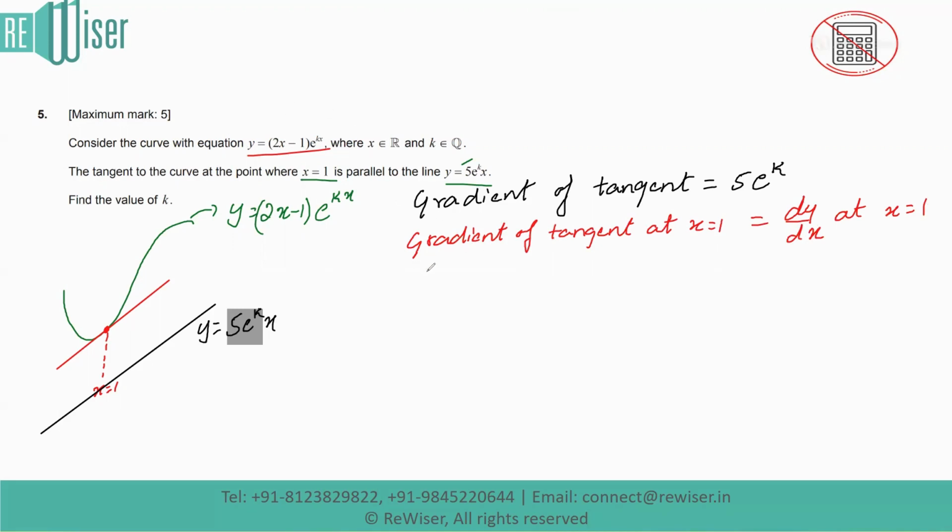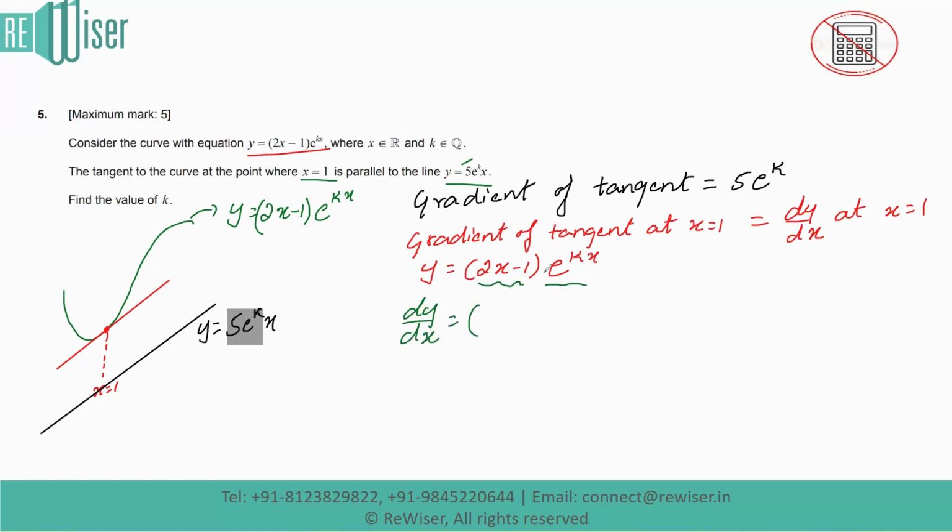So when I talk about finding a derivative, I have y = (2x − 1)e^(kx). This is a product of two terms, so we need to apply the product rule. So dy/dx equals the derivative of the first term.